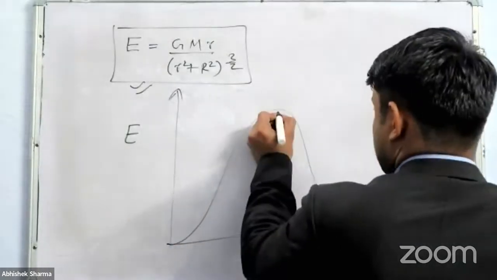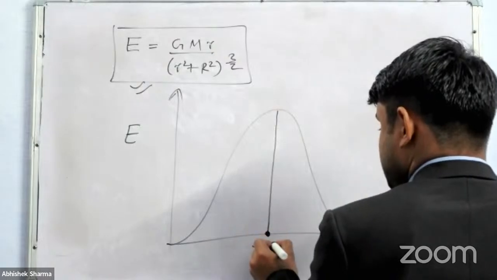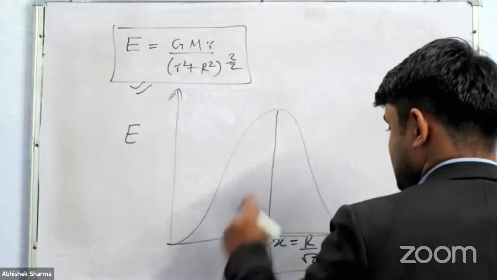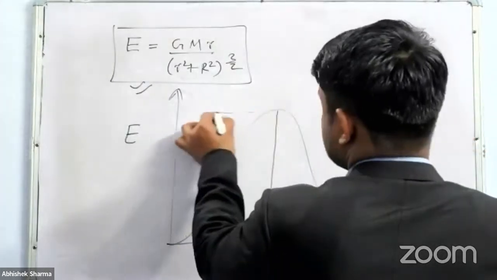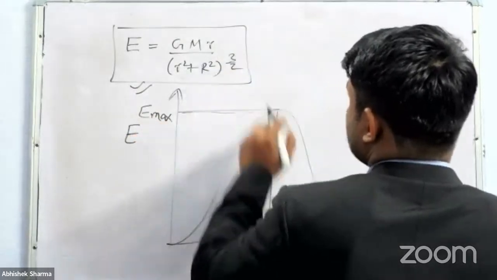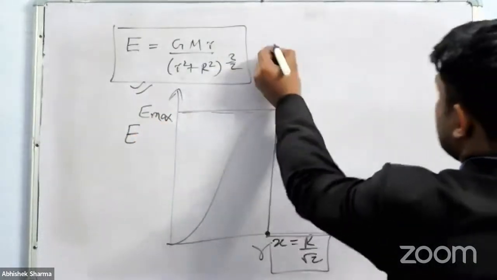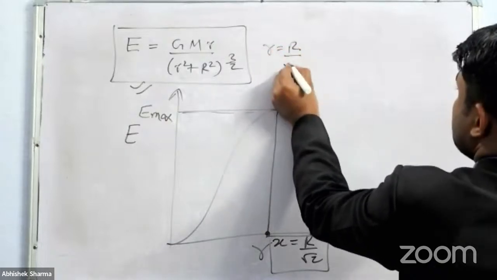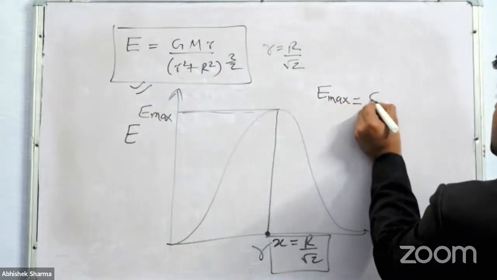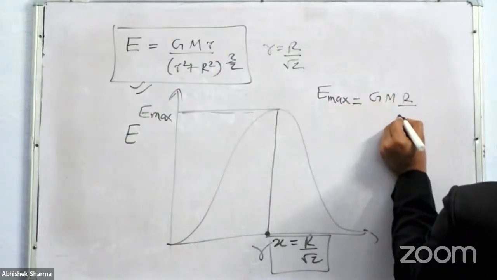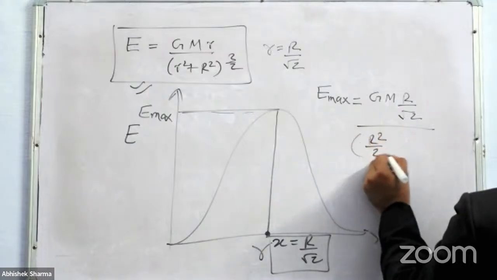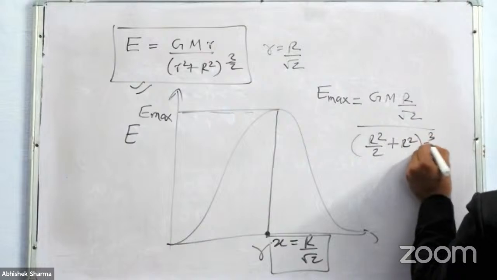So the max point, you know, on the axis the x coordinate must be equal to positive R by root 2. This is the curve and this value is the max. Let's put the value and find the answer. At r equals R by root 2, we get E max for a ring equal to G M (R by root 2) upon (R square by 2 plus R square) to the power 3 by 2.